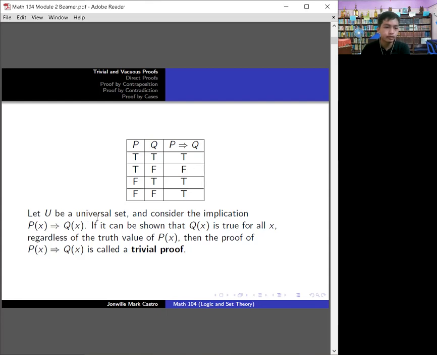And let U be a universal set and consider the implication P of X implies Q of X. If it can be shown that Q of X is true for all X regardless of the truth value of P of X, then the proof of P of X implies Q of X is called a trivial proof. So, meron tayong trivial proof pag kaya natin ipakita na yung conclusion natin is true for all X regardless dun sa truth value ng hypothesis natin. So, yan ang trivial proof.